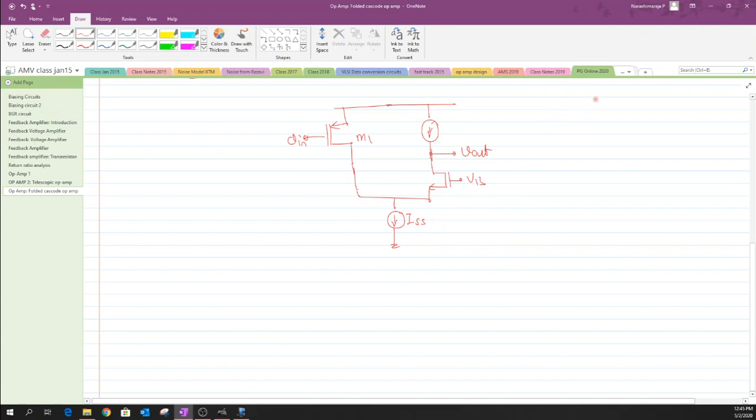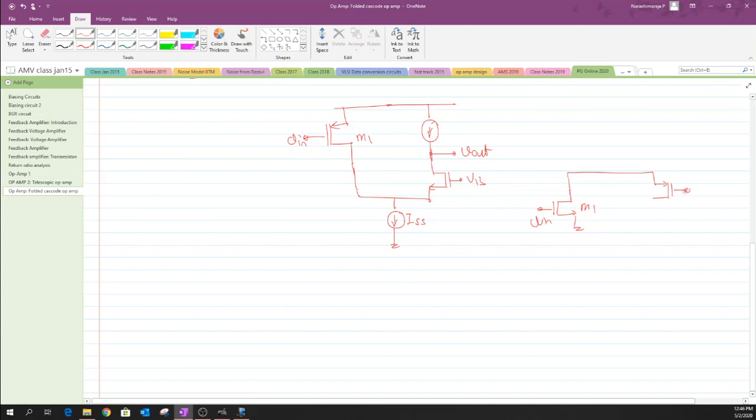So now similarly, one could draw the structure for the folded down configuration in a very similar manner, wherein the NMOS device was fixed for the input device, where Vin is applied, and the drain was being connected to the source of the PMOS device.